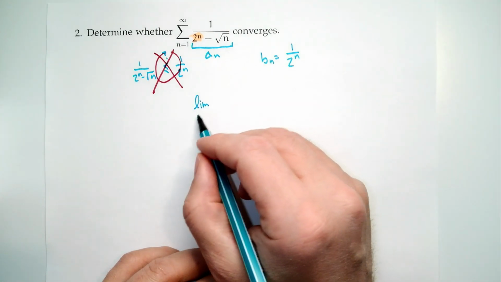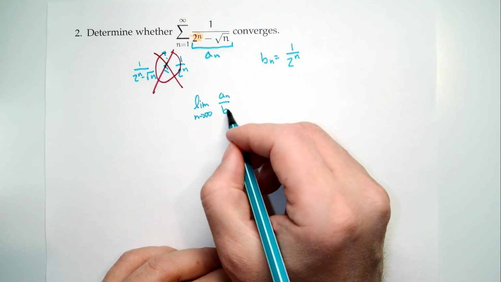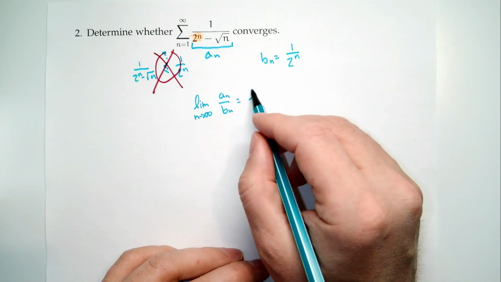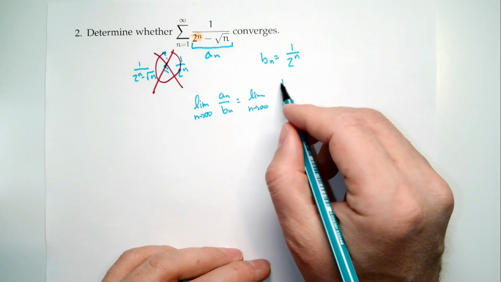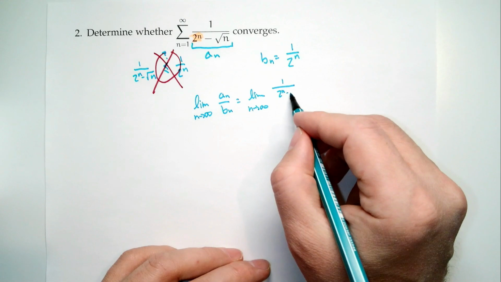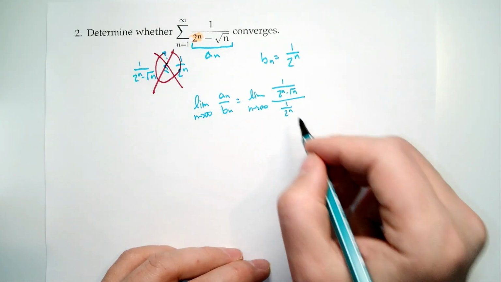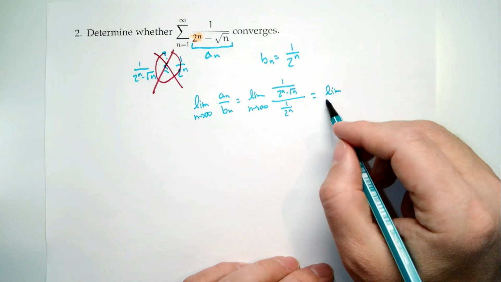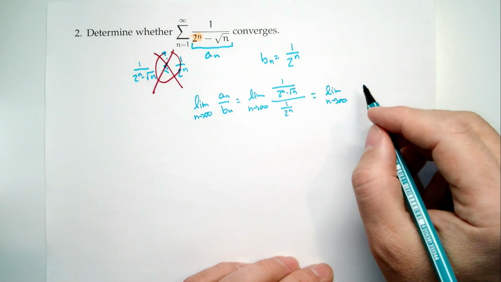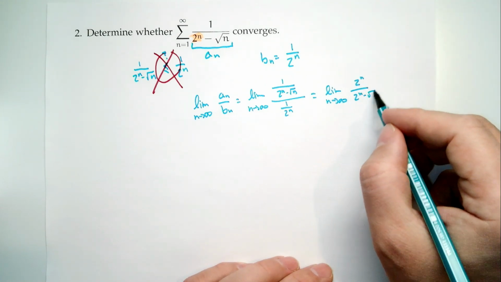So what happens? Well, we want to take a limit as n goes to infinity of a n over b n. So that's our limit. n tends to infinity of 1 over 2 to the n minus root n, divide that by 1 over 2 to the n. Now, you clean that up, and you see that this is limit as n goes to infinity of 2 to the n over 2 to the n minus root n.